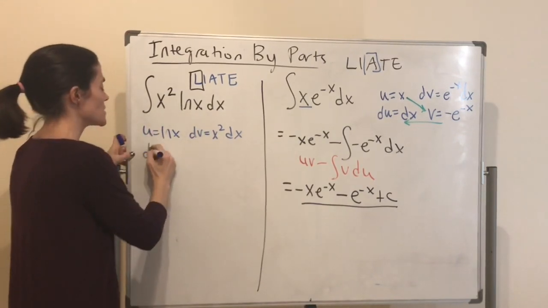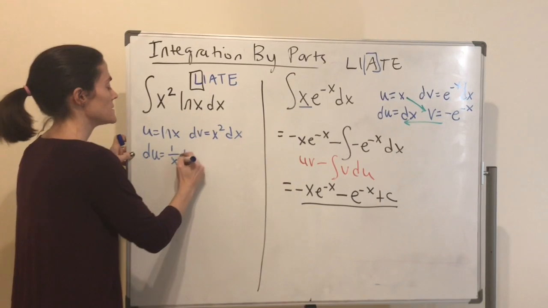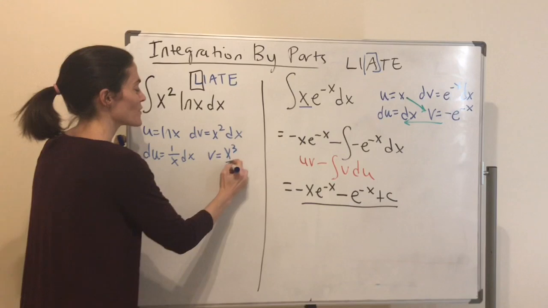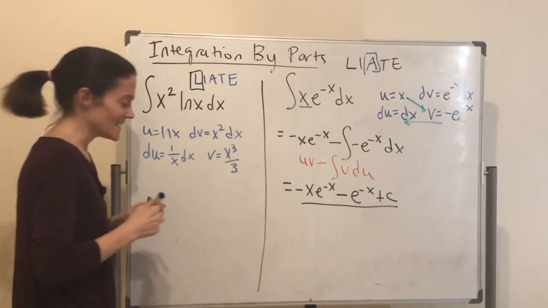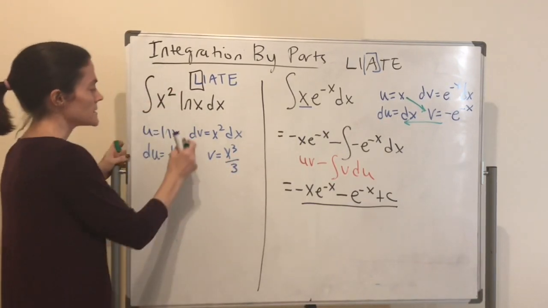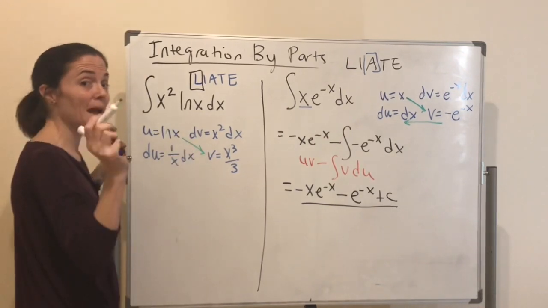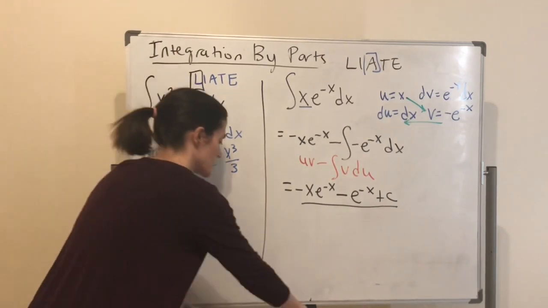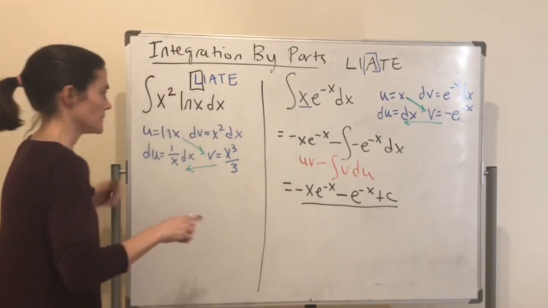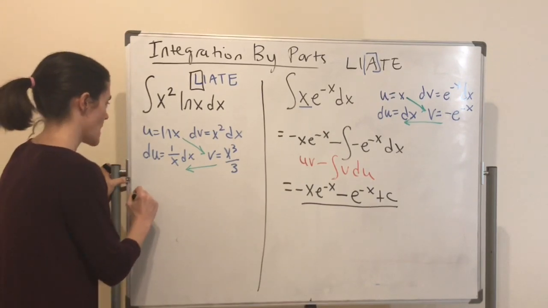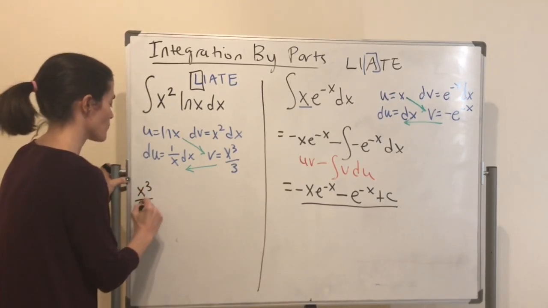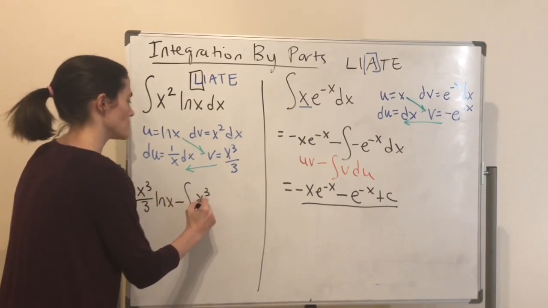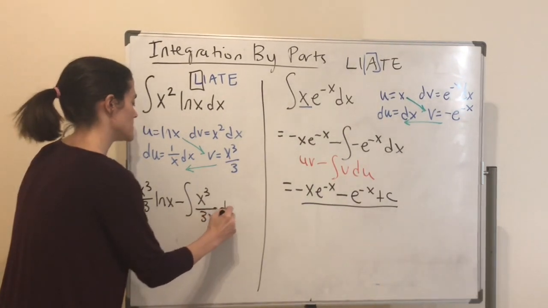Then here we differentiate, 1 over x dx. Here we integrate, x cubed over 3, okay? And then here comes by parts. It's uv minus the integral of v du. Okay, so we will go back to black for this. Okay, so this is x cubed over 3 ln x minus the integral x cubed over 3x dx.